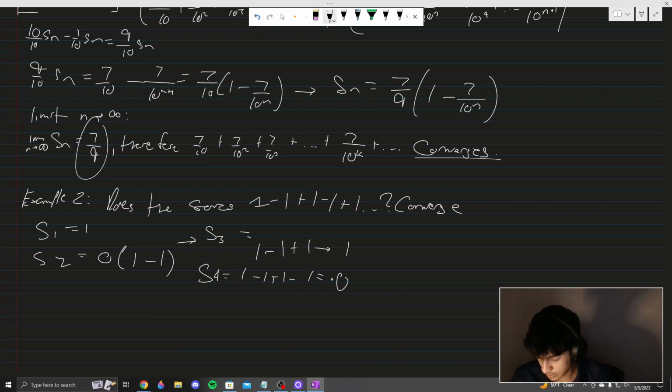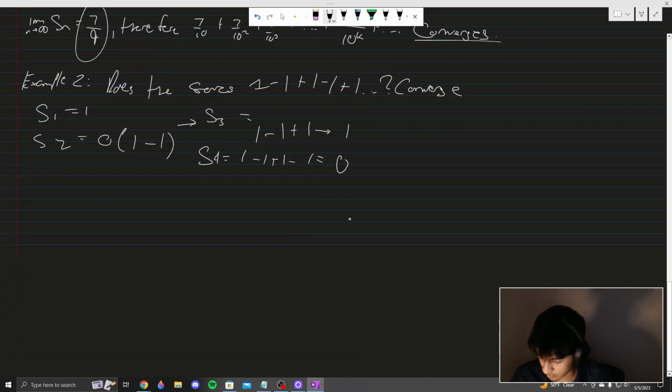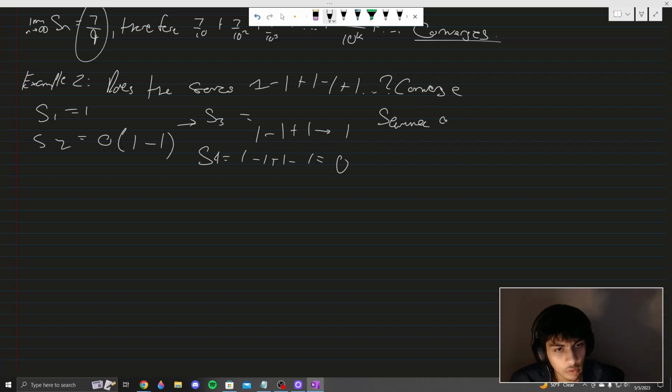Okay, so the sequence of partial sums equals 1, 0, 1, 0, etc. And it clearly doesn't converge to a limit, right?